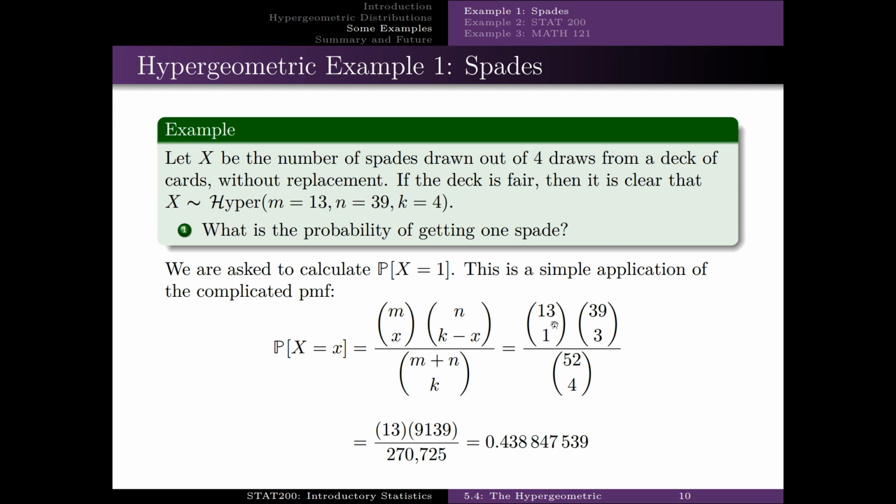Why is that a check? This first refers to the number of ways of getting those successes. The second is the number of ways of getting those failures. And the total is just failures plus successes. So the probability of getting one spade is 0.438847539.